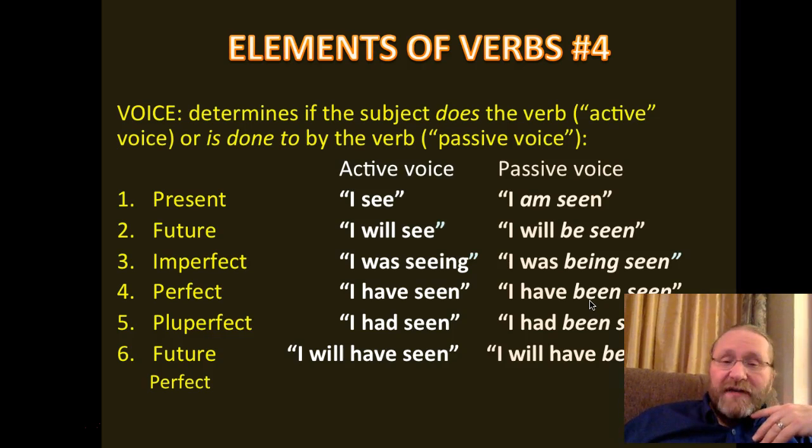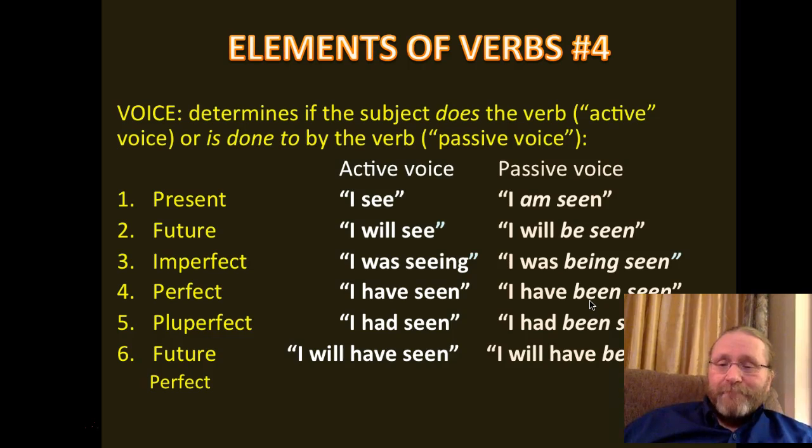In perfect tense, I have seen is active, as in I have seen Boston, and passive would be I have been seen, as I have been seen by many people walking around Boston. So in one, I'm the one that's doing the action, and in the other one, I'm the one that is receiving the action, but I'm still the subject of the verb.